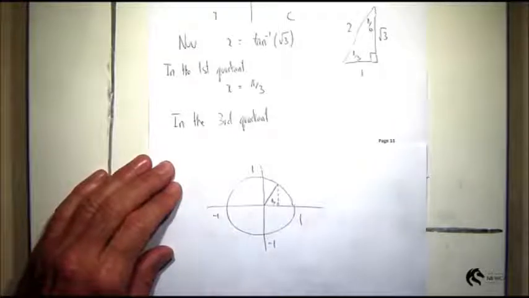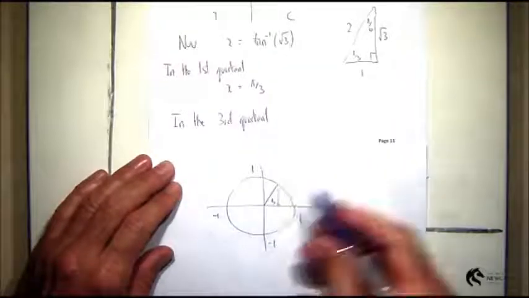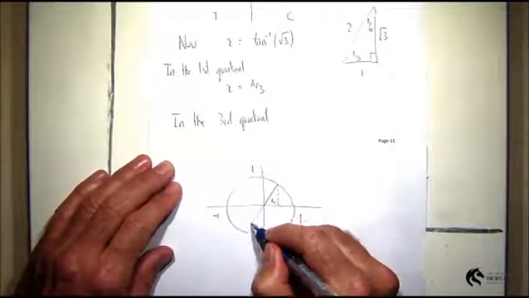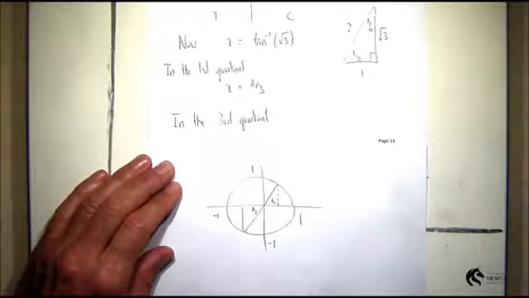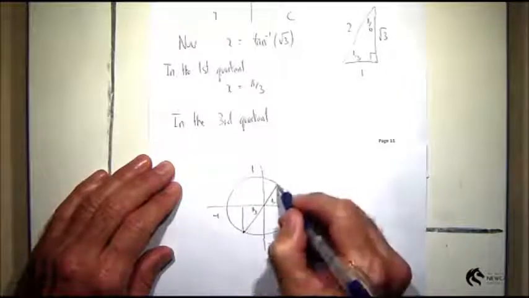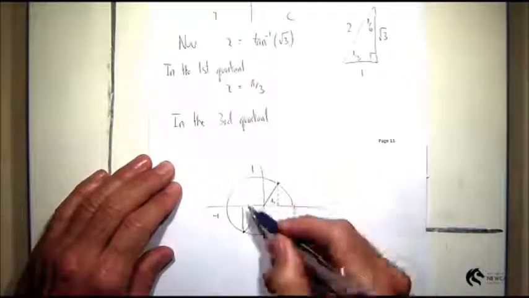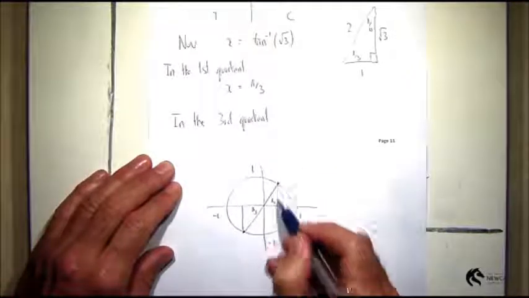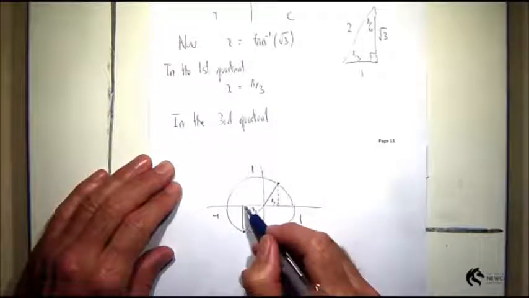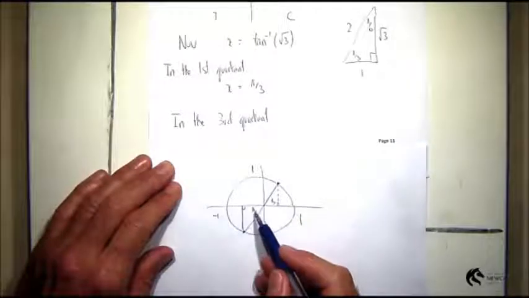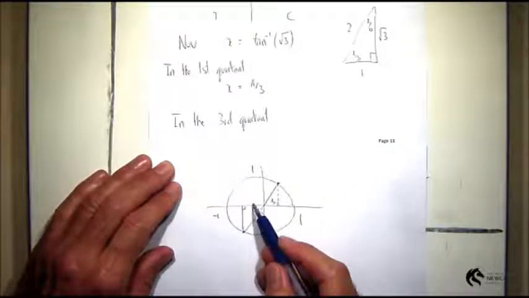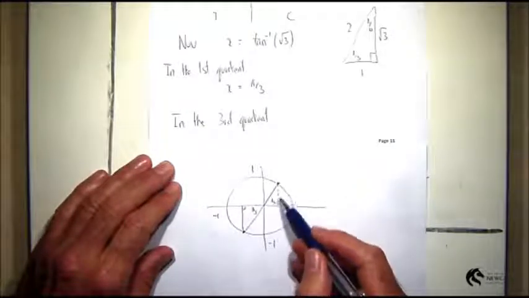Now, I can relate that triangle to this triangle sitting here, where that is pi on 3. So this point here and that point there, the side lengths will be the same because these two triangles are congruent. So the tan of this angle sitting here will be the same as the tan of that angle sitting there.